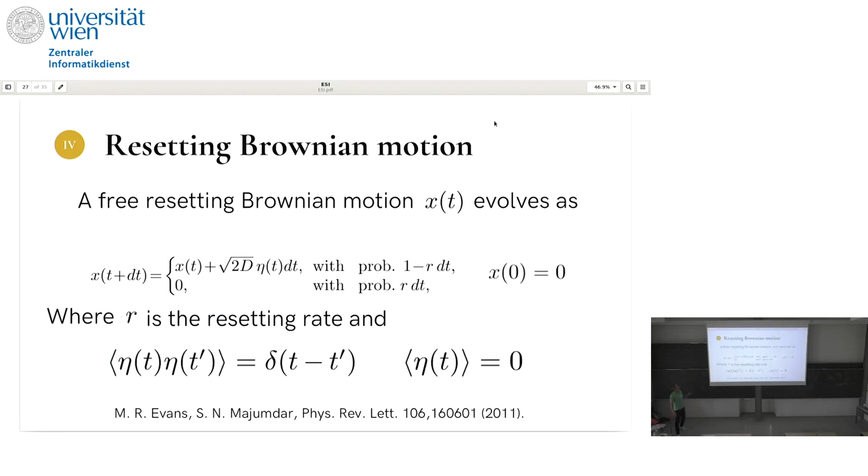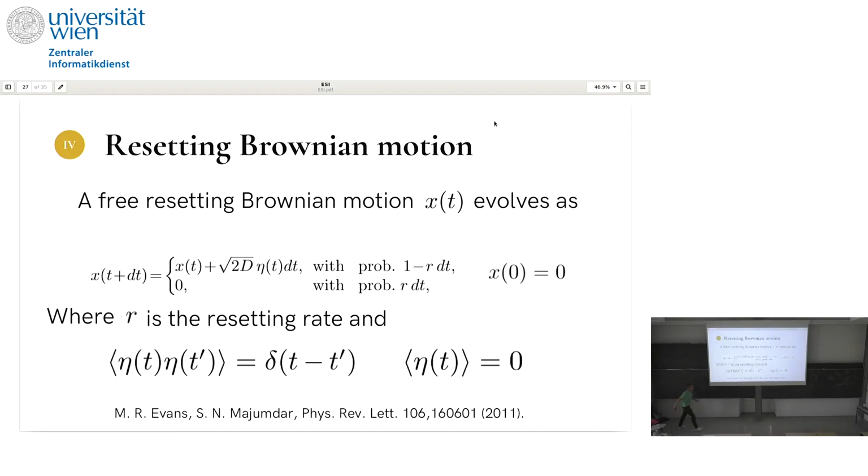Now let me move to the resetting Brownian motion, where you have two sources of noise. Resetting Brownian motion is defined this way: it follows Brownian motion with probability 1 minus r dt, and with probability r dt it resets to the origin. This is resetting Brownian motion, which was introduced by Satya and Martin.